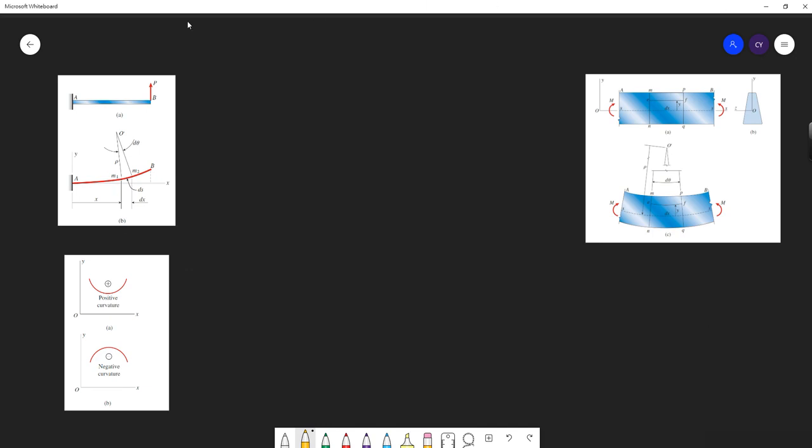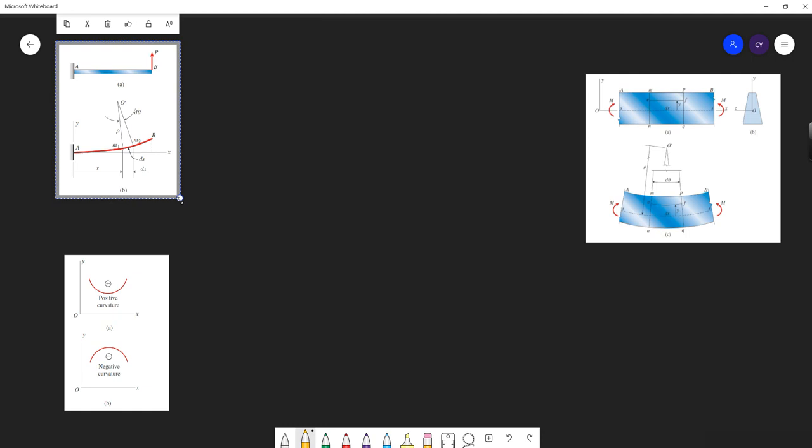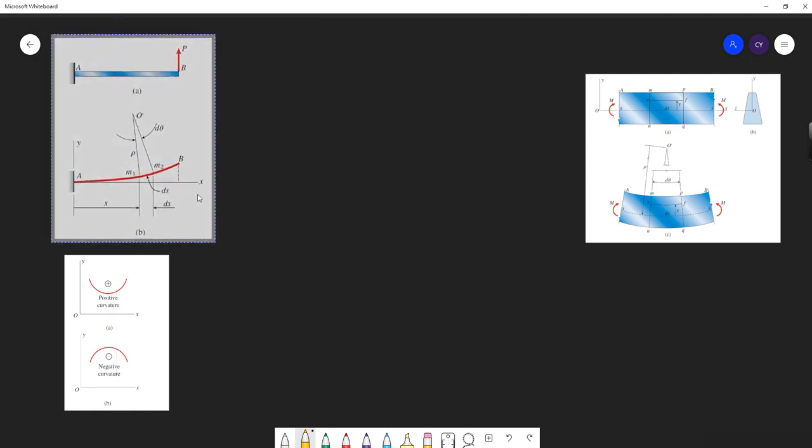For example, this is a beam, and it is subject to an external load P. And let's start to find the relationship of the equilibrium equation.